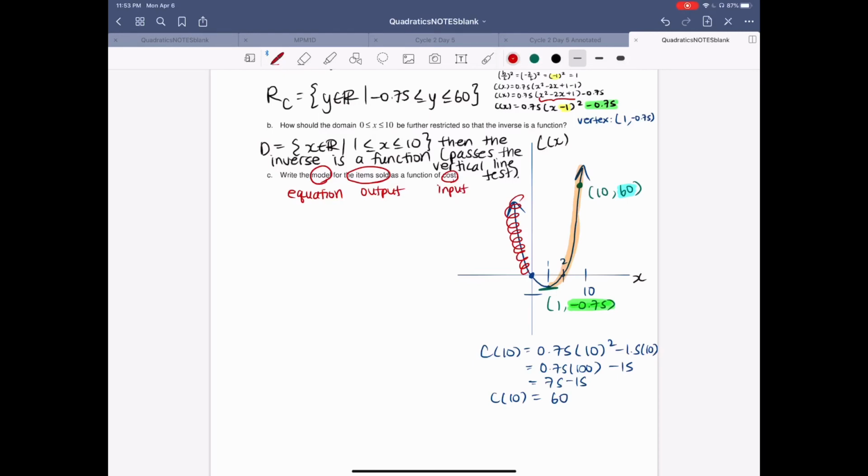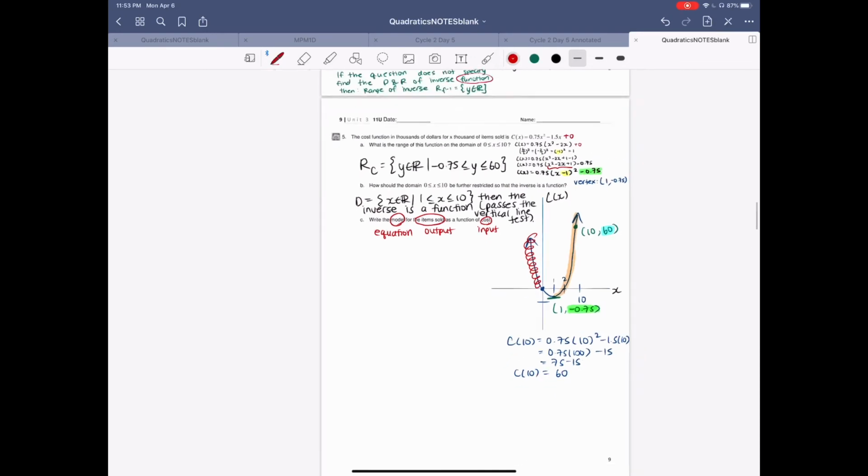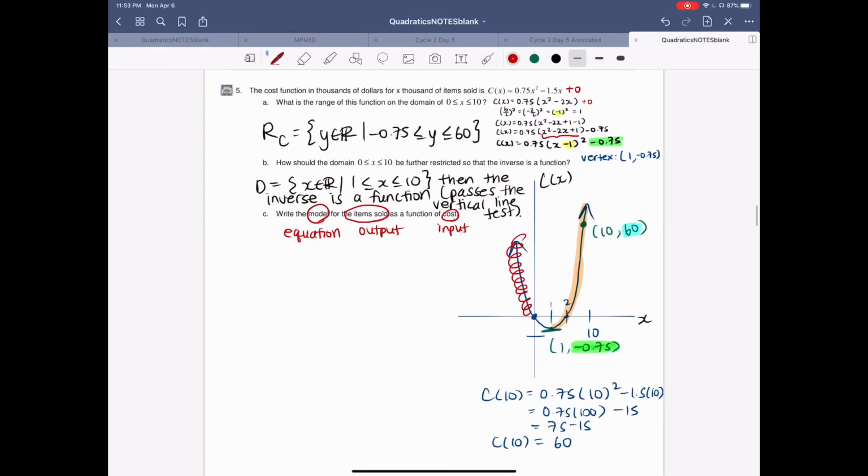All right, so I have my original equation, which is c of x is equal to 0.75 times (x minus 1) squared minus 0.75. The reason I'm using the vertex form is because my x appears only once. If I took the standard form, the x appears twice, so it's going to be hard to get the output by itself.